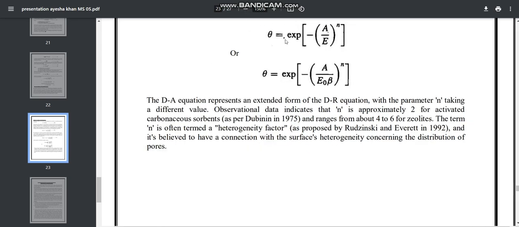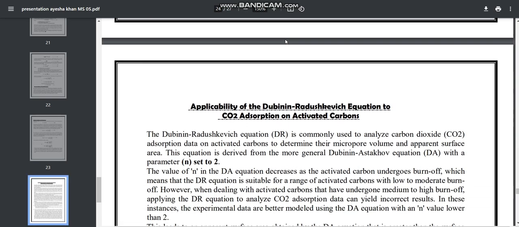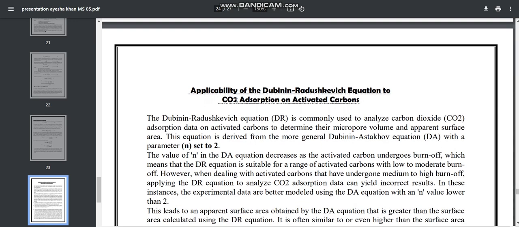Next we have the applications of the DR equation in the adsorption of carbon dioxide on the surface of activated carbon. The Dubinin-Radushkevitch equation is a tool commonly used to understand how carbon dioxide sticks to activated carbons, helping us figure out their tiny pore volume and surface area.